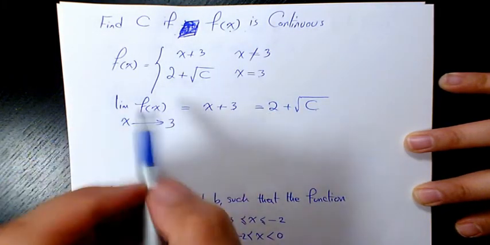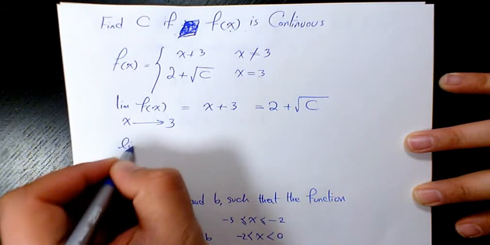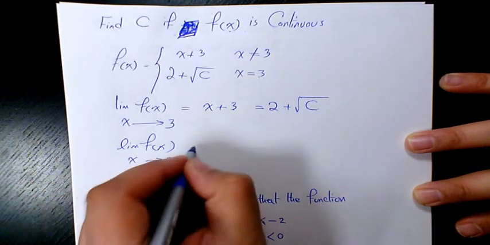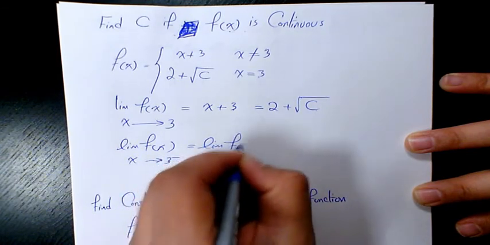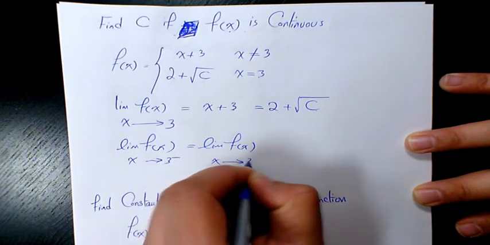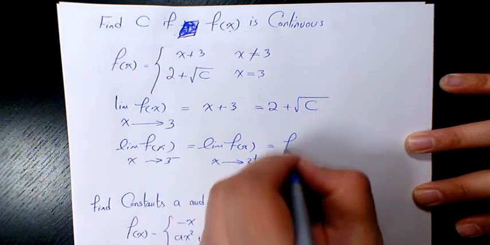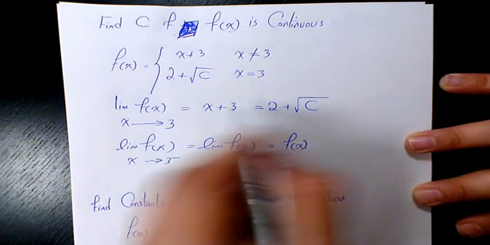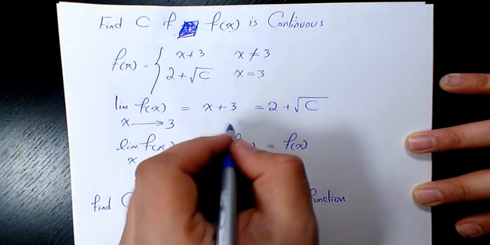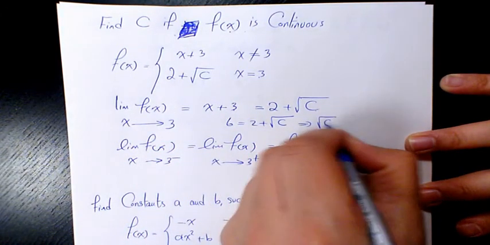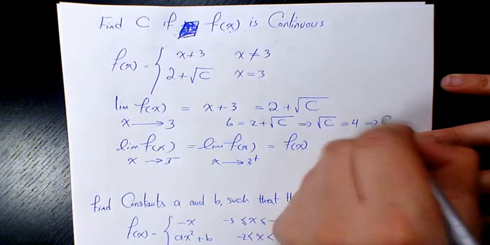It means that the limit of f of x from the left-hand side and the right-hand side has to be equal, and it has to be equal to the value of the function. So in that case, 3 plus 3 is 6, equals 2 plus root c. Root c is 4. So it means that c is 16.